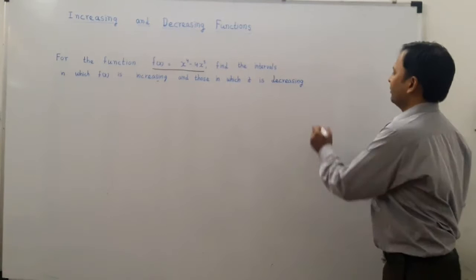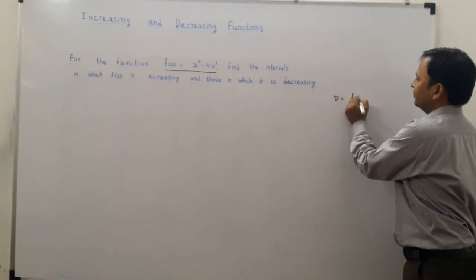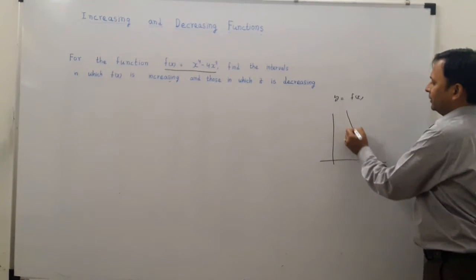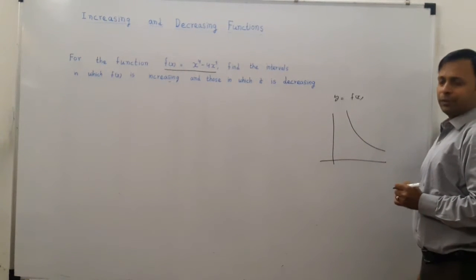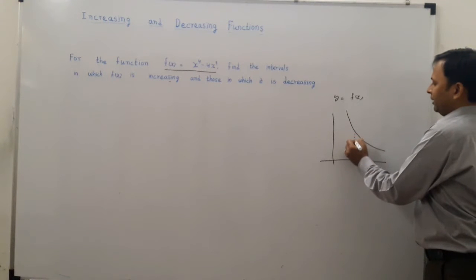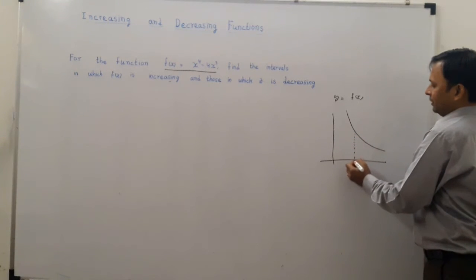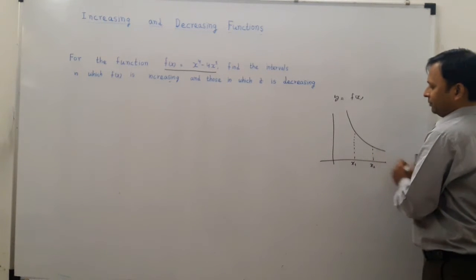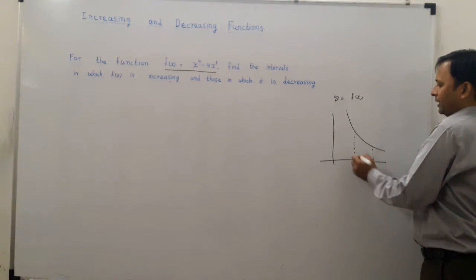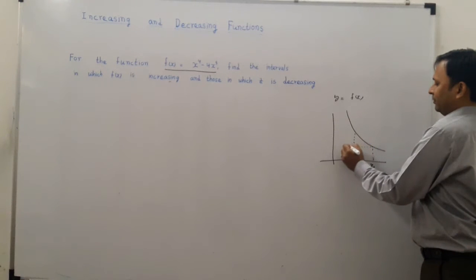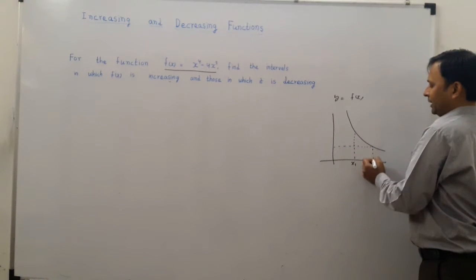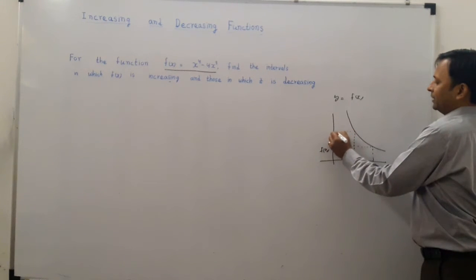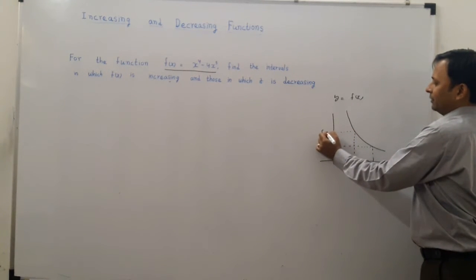Consider a function y equal to f(x). Let us say the function is like this. It's a downward sloping function. If I take any 2 points on this function, let us say x equal to x1 and x equal to x2, the value of the function f(x) at x equal to x2 is f of x2, and the value of the function at x equal to x1 is f of x1.